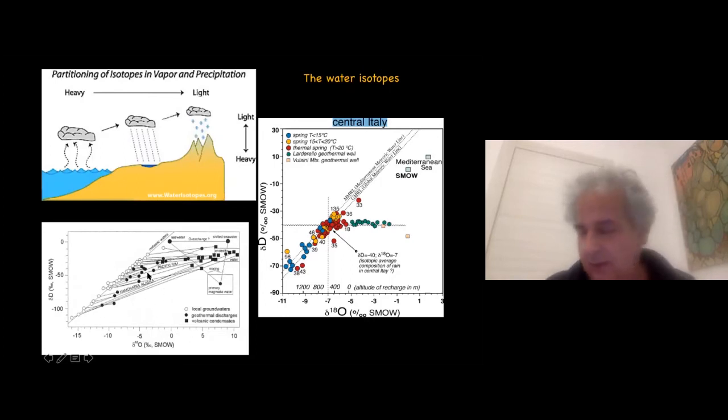In other cases, when you are in a volcanic area, you may have a picture like this, where the steam from different fumarolic gases are not parallel like in Larderello, but they have a straight line that goes to a box that Giggenbach and Taran call andesitic water.